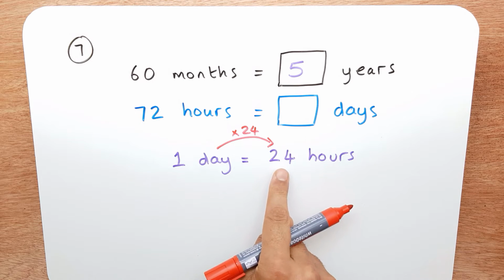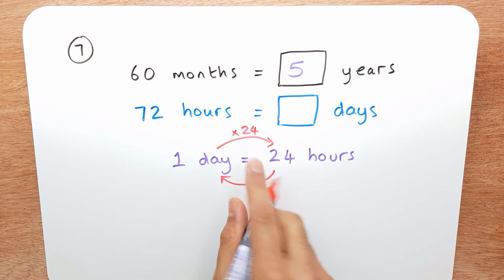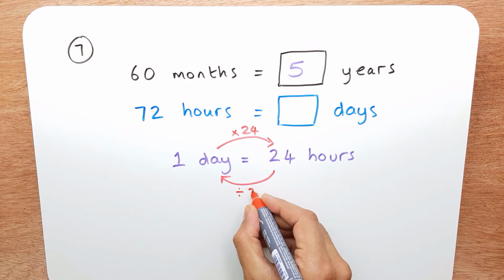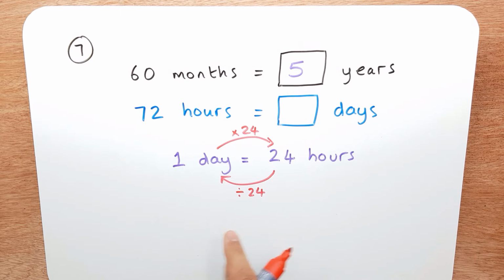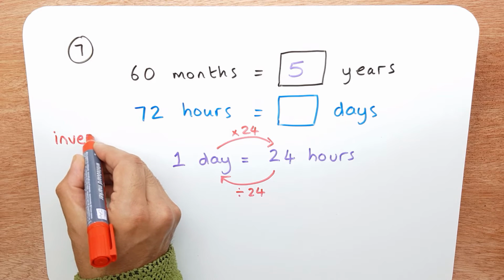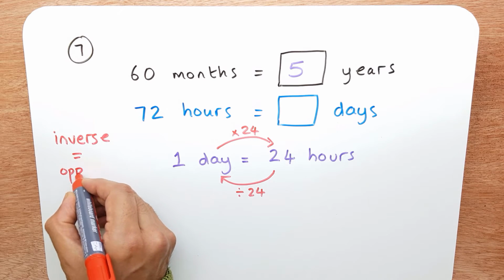And if I want to go from hours to a day, I do the opposite or the inverse. Divide by 24. Let me just write this word inverse again. It just simply means opposite for us.